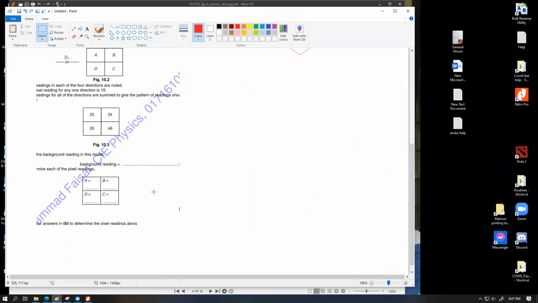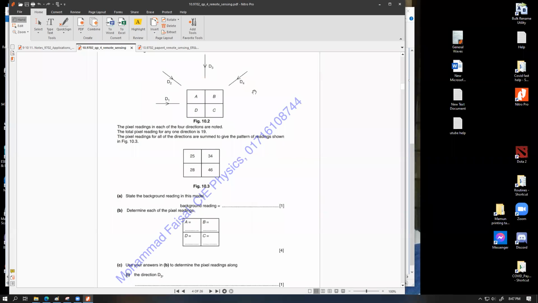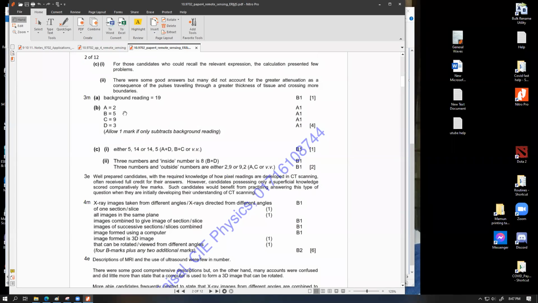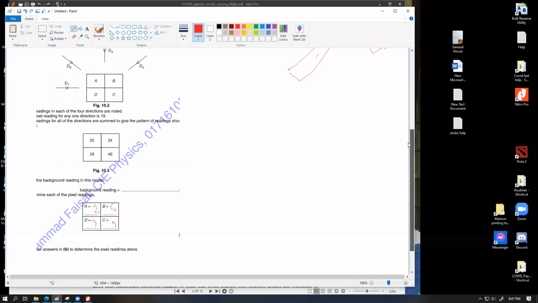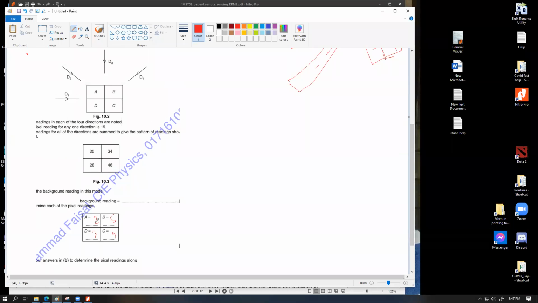All right, let's say these are the values. So according to the mark scheme, we're gonna get these values 2593. So if I write these numbers, we're gonna get 2593. D3 is vertically down, so we're gonna get 5 and 14.